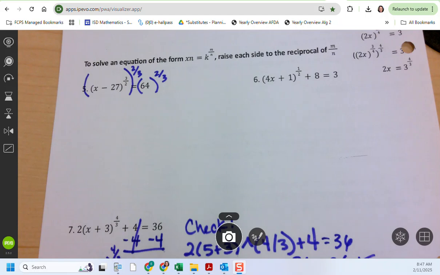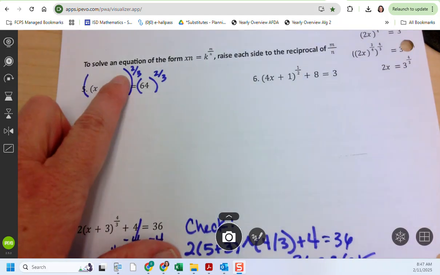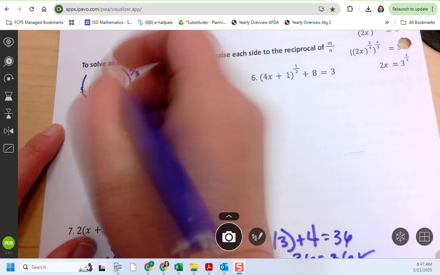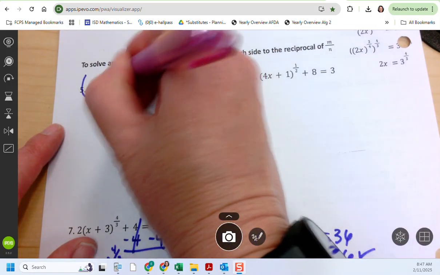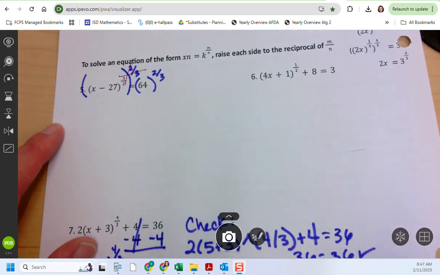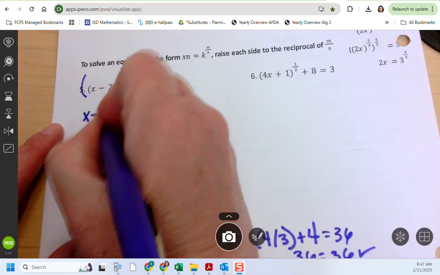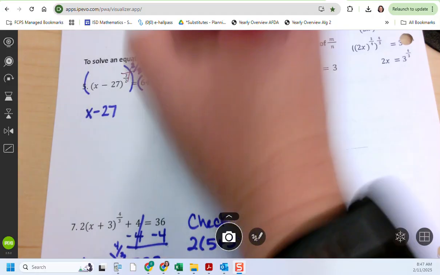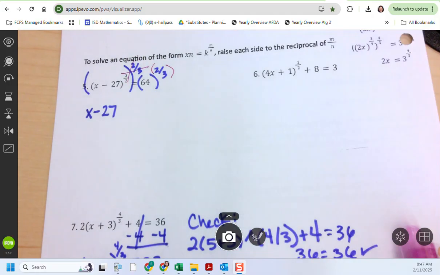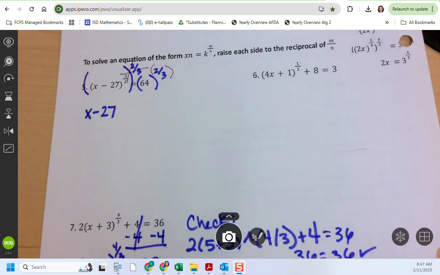Okay, let me unfreeze my screen. And here we are. So for the 3/2, we use the reciprocal 2/3. And that's going to cancel out your exponents over here. So I get x minus 27 equals 64 raised to the 2/3. When you put that in your calculator, put parentheses on it. Okay? So let me go back to my calculator.